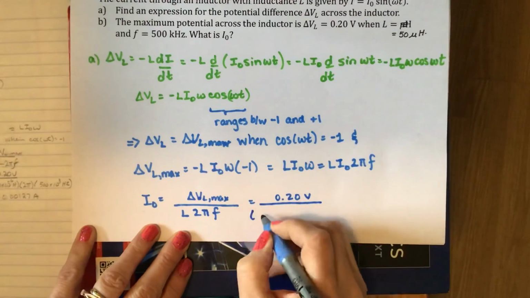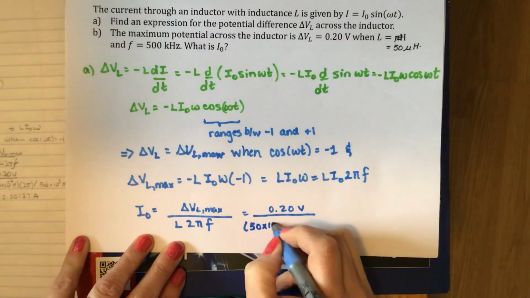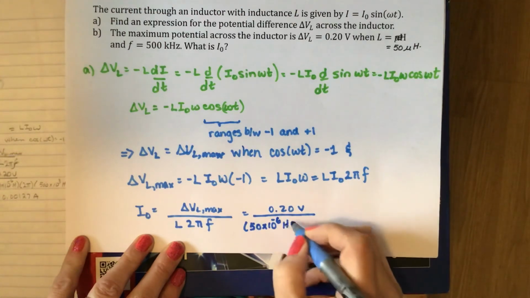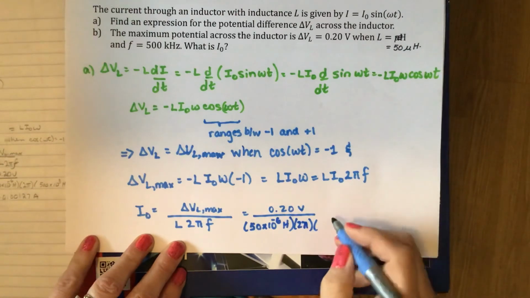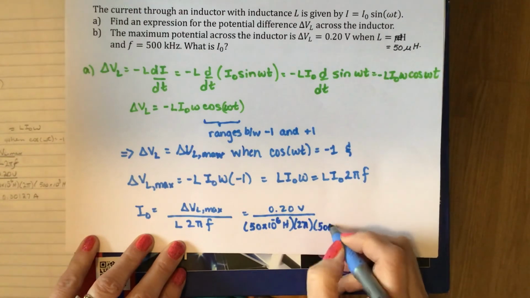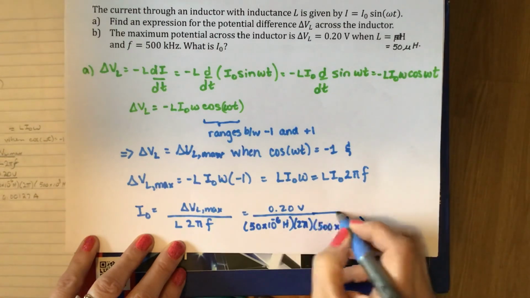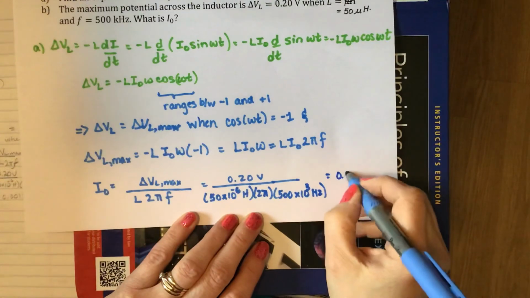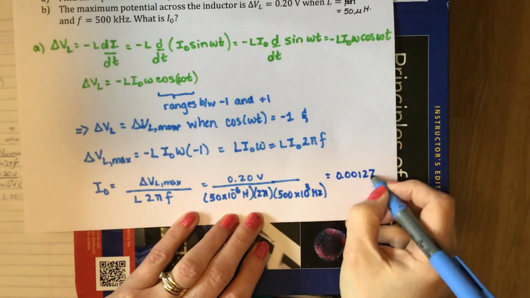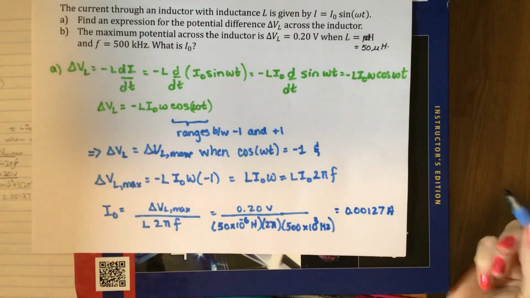The inductance L was 50 microhenries, and a micro means times 10 to the minus 6, times 2 pi times the frequency. 500 kilohertz is 500 times 10 to the 3 hertz. Finish up with that in your calculator, and you get 0.00127 amps, or 1.27 milliamps.